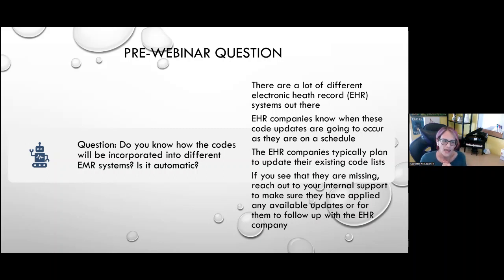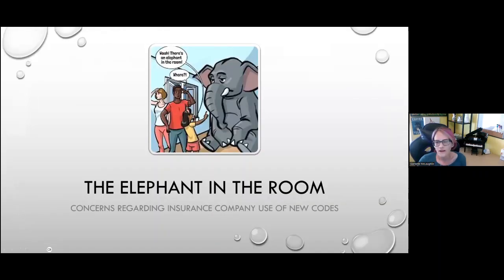And if all the updates are there and things still aren't right, that would be the time to follow up with your EHR vendor. But yes, for the most part, those automatically get updated because they know what the schedule is.